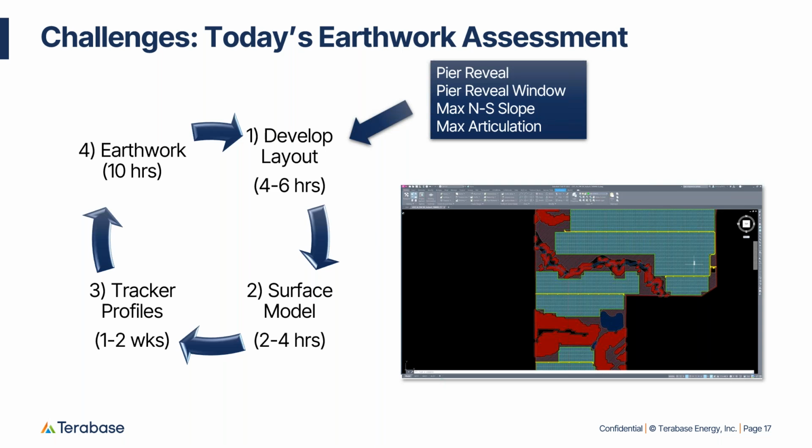Within the arrays, it's very hard to do that in an easy way. And the only way to really do it, to get accurate numbers, is to design the tracker profiles. Some of your sites are going to have hundreds and hundreds, if not thousands, of tracker profiles, and so you'll have to design all those profiles. That's what takes so much time. So we'd like to shrink that amount of time to get it more in line with how we estimate other earthwork for other elements of the site.